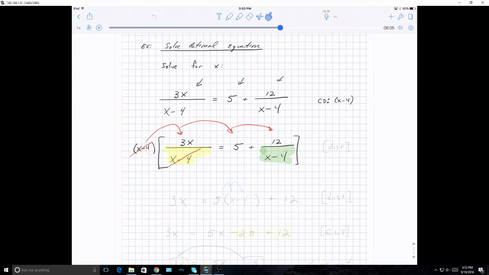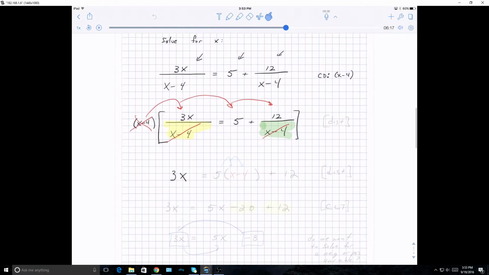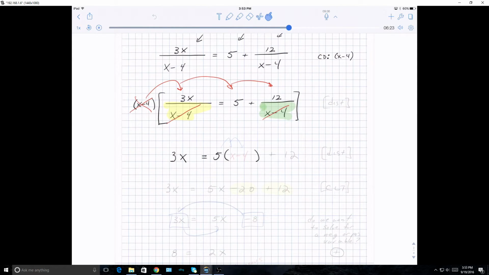That's also canceled out again, because we are dividing and multiplying by the same thing. So if we rewrite this now, what we have is 3x equals 5 times something plus 12. And what did we have to multiply 5 by? That's right, x minus 4.